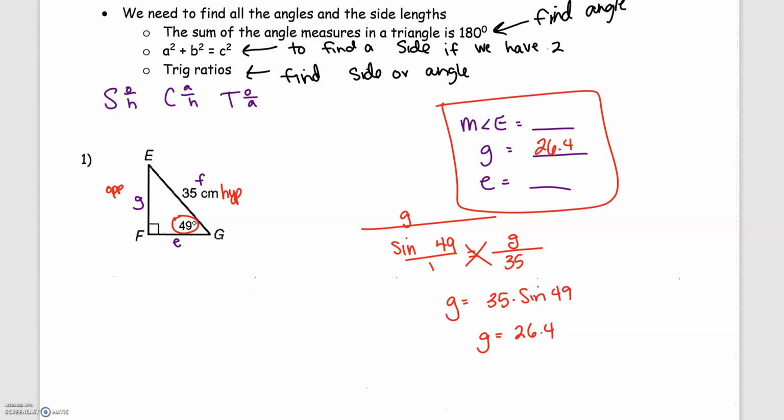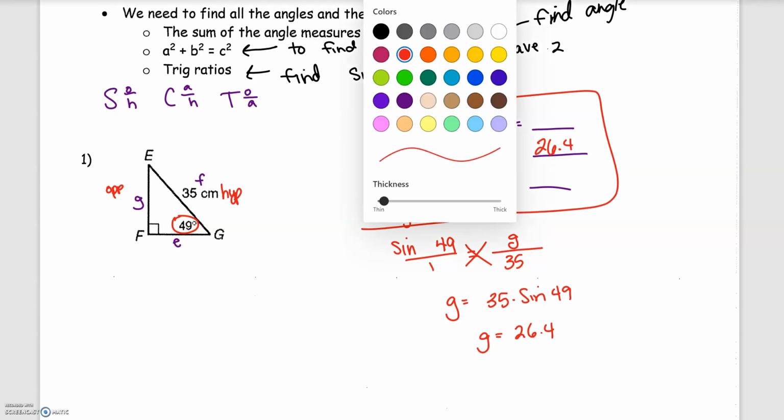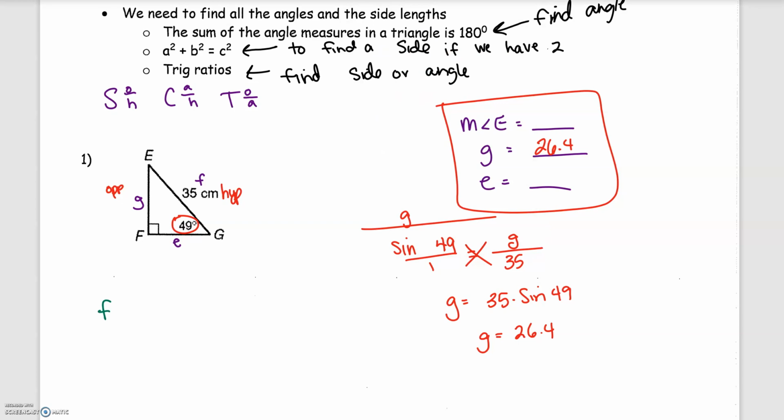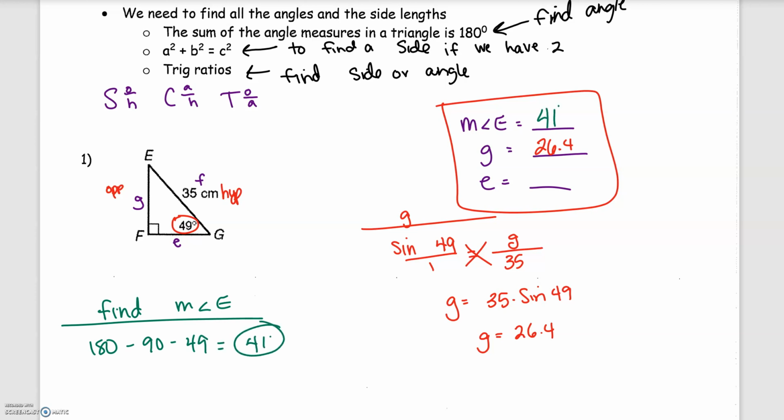And then we are going to find the measure of angle E, and we can do that by subtracting the two angles that we know, which is 90 and 49, giving us 41 degrees for angle E.